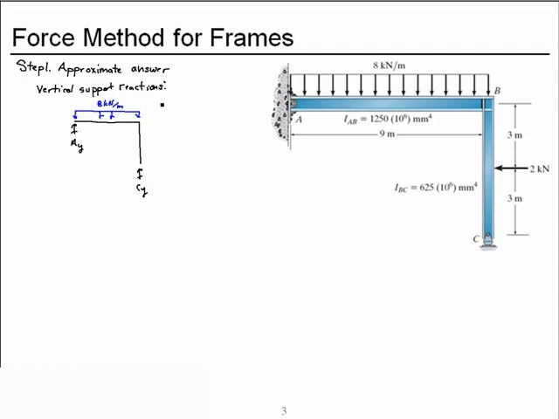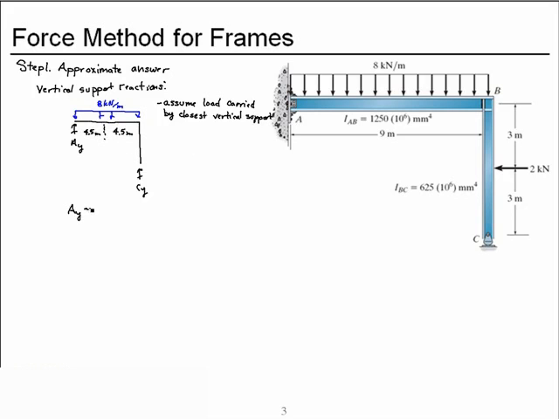And let's assume that the load is carried by the closest vertical support. That means we'll take half the distance, so 4.5 meters will travel to AY, and 4.5 meters will come to CY.